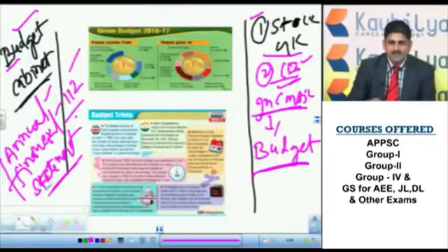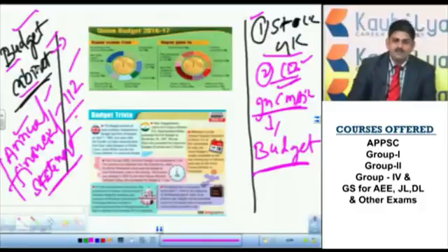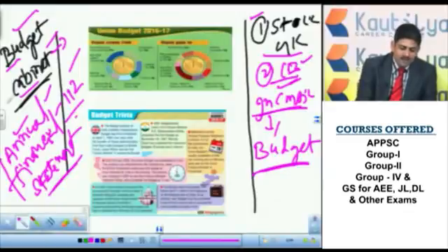If the question is, which of the following terms is used equivalent to budget in the Constitution of India? The answer is annual financial statement. Right now the cabinet is not relevant for us, but actually the word cabinet is also not used in the Constitution of India. Instead, the Council of Ministers is used. But these two words are very popular, cabinet and budget.